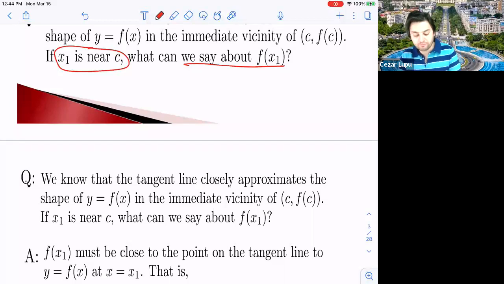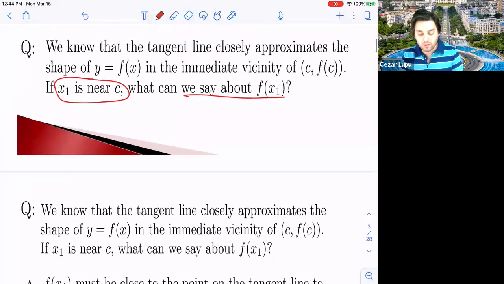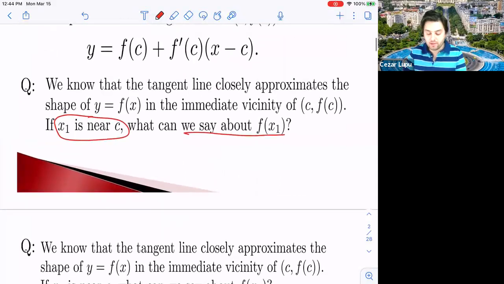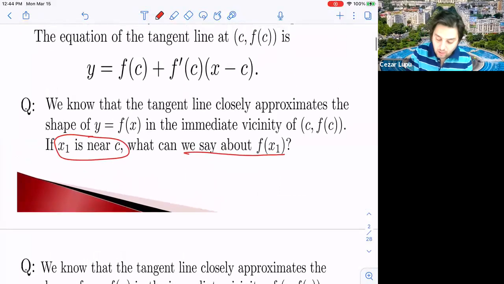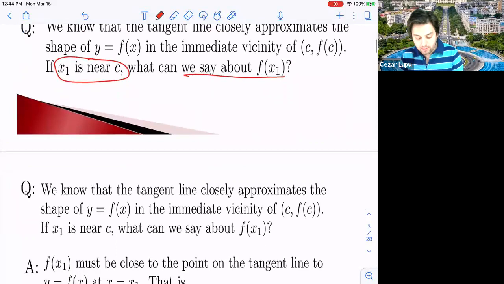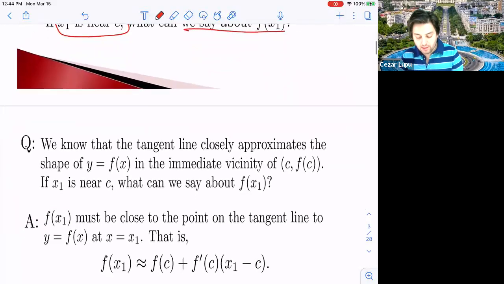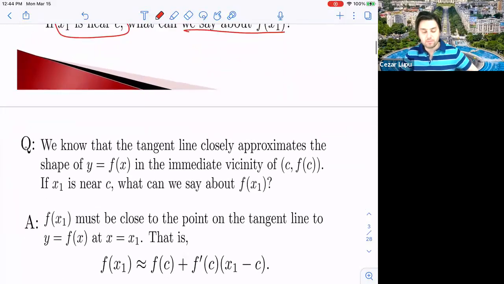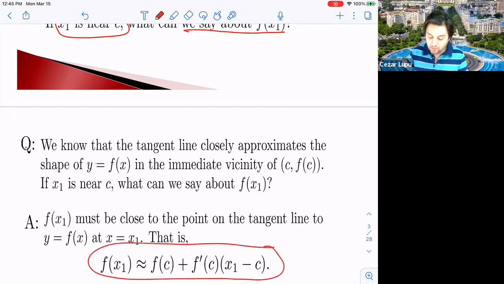And we know that the equation of the tangent line at this point is this one here. Well, guess what? This means that f of x1 is approximately f of c plus f prime of c times x1 minus c. This is what we're looking for.